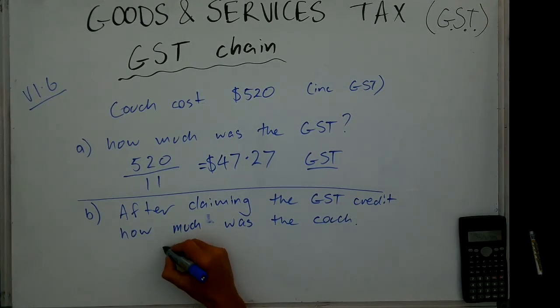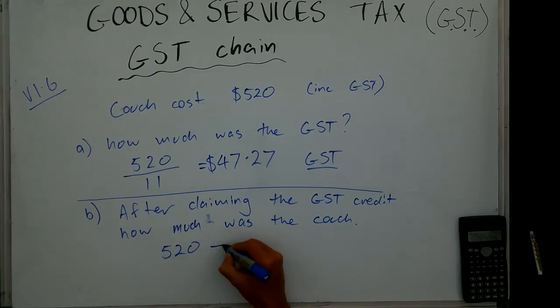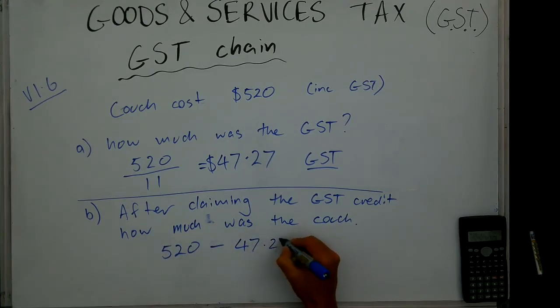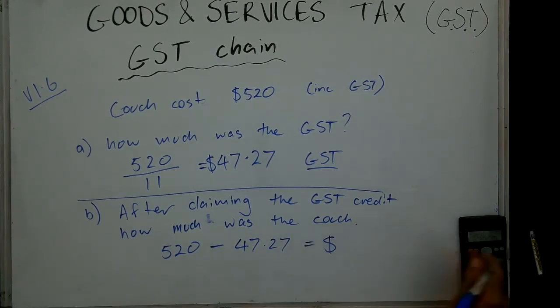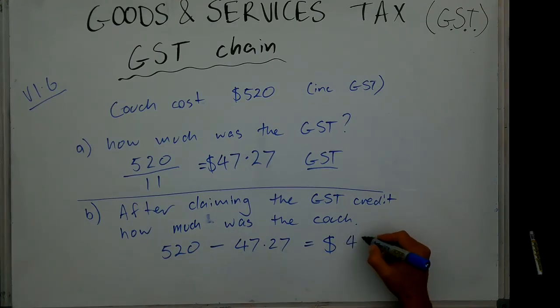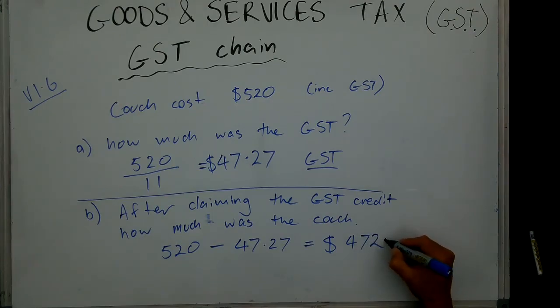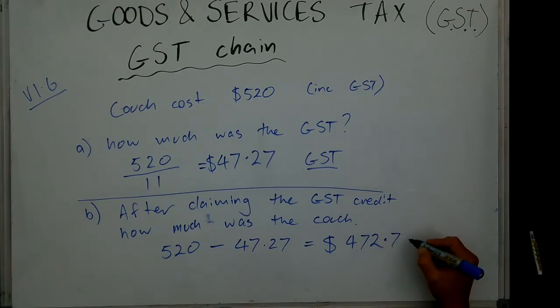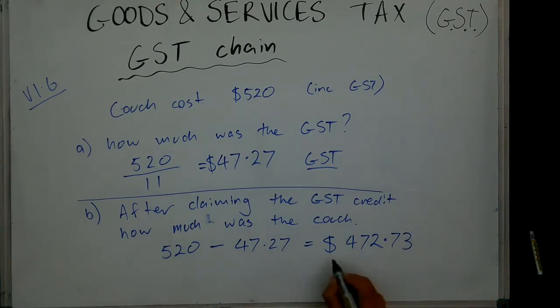So we're going $520, take away $47.27, equals 472.72727. So I'm just going to round that to 73. Okay, and I think that's where I'm going to leave this video.